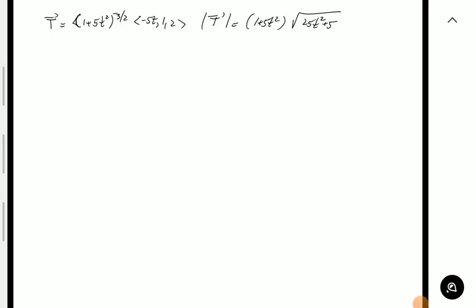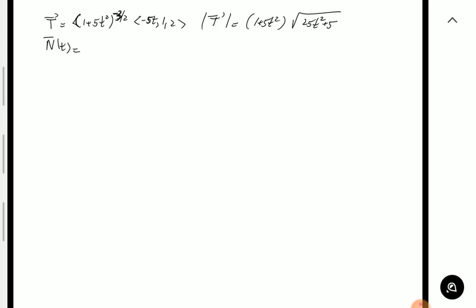Okay, so I copied from the previous page t prime and its magnitude. Finally, let's set up the normal. By the way, in case you get desperate with this example, I don't do it more than once, even in classroom. I feel like at least once we should do a tedious example, and then we can rely on Maple.